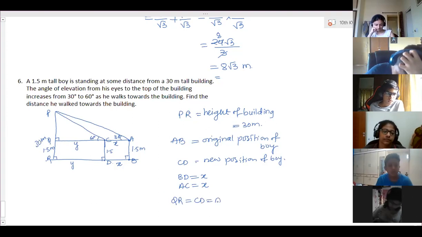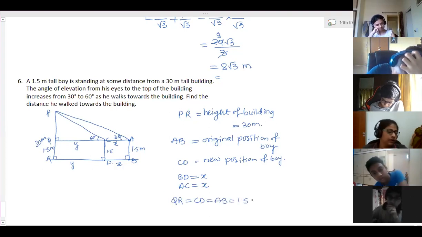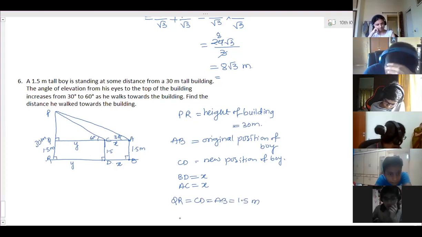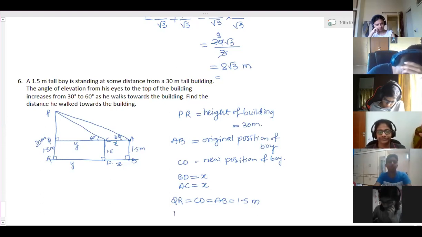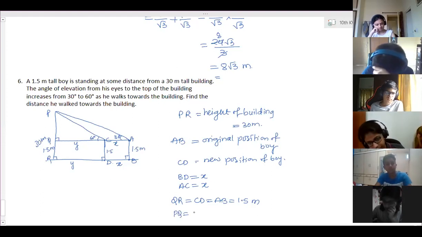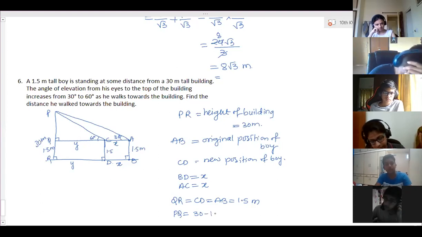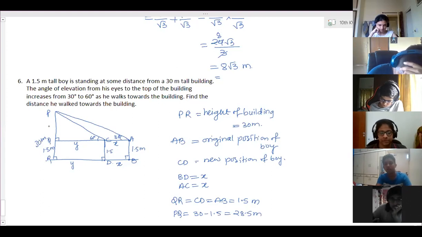QR is equal to CD is equal to AB, that is 1.5 meter. PR is 30 meters, so PQ is 30 minus 1.5, that is 28.5 meter.